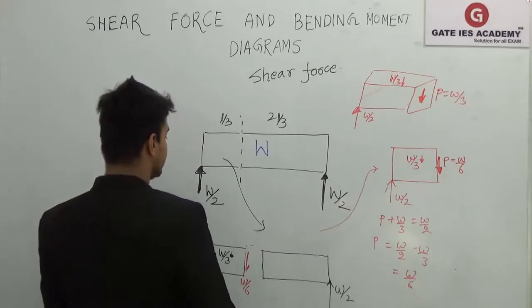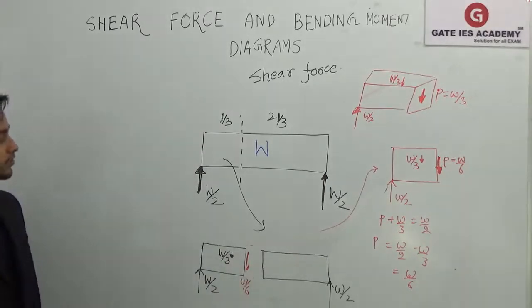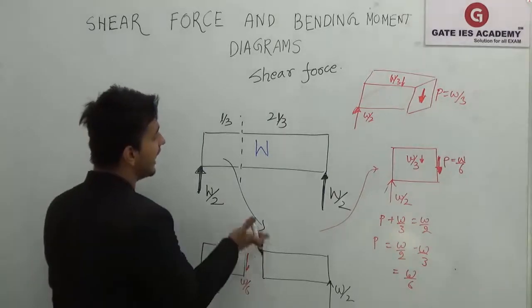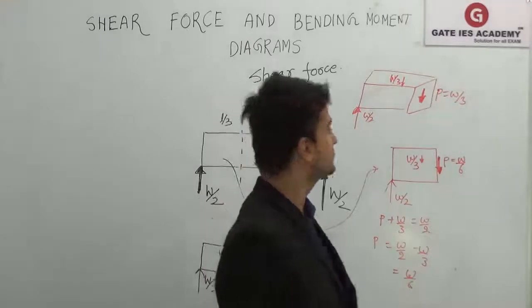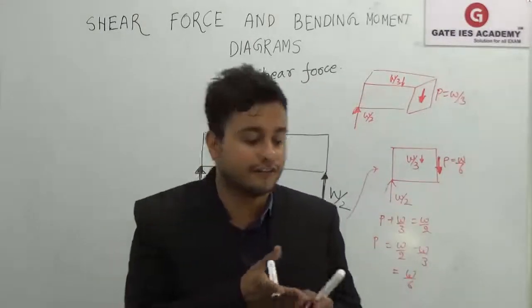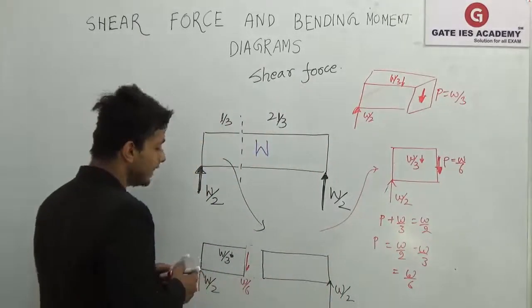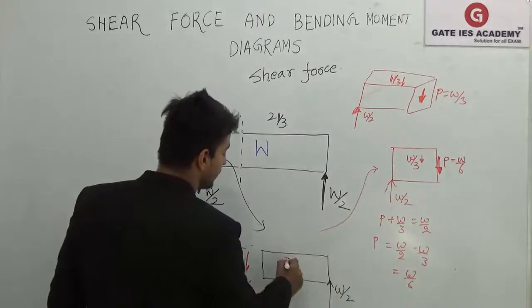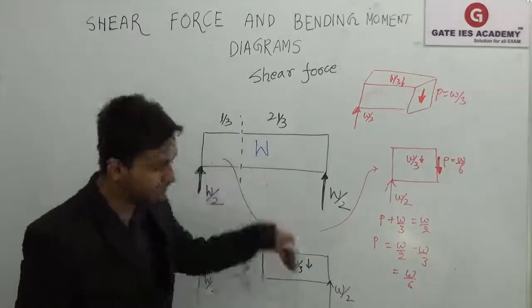Isn't it? This will be W by 3 plus W by 3, so this will be 2W by 3. So there should be shear of this surface as well. Whenever there is a shear acting on the surface, then only you will get the net downward movement. So here, this will be 2W by 3, and this will be downward. So net 2W by 3 is downward.